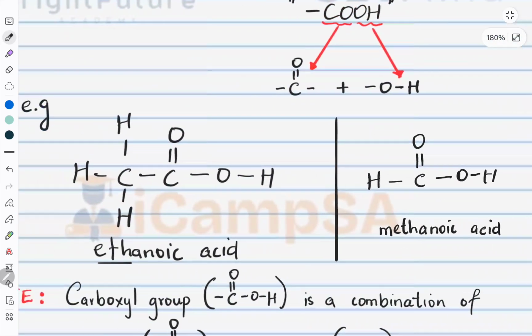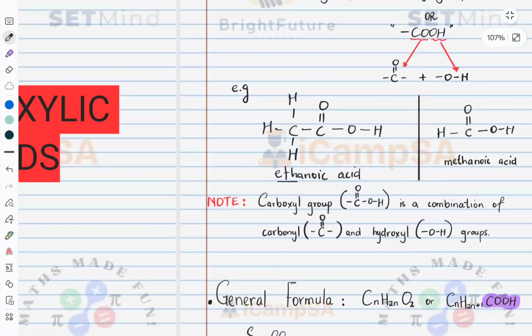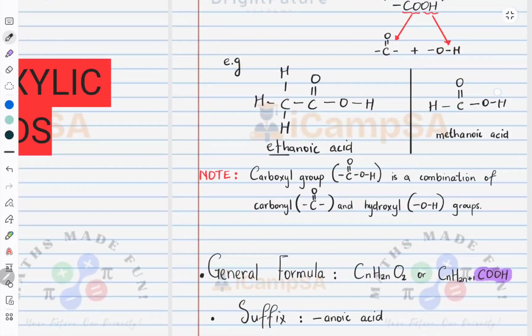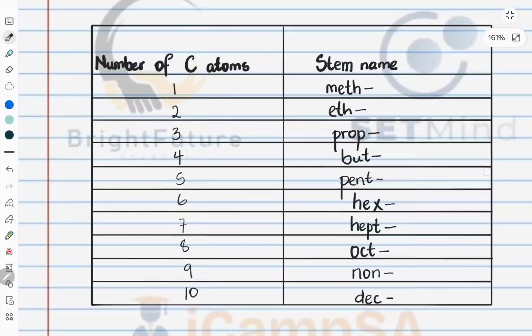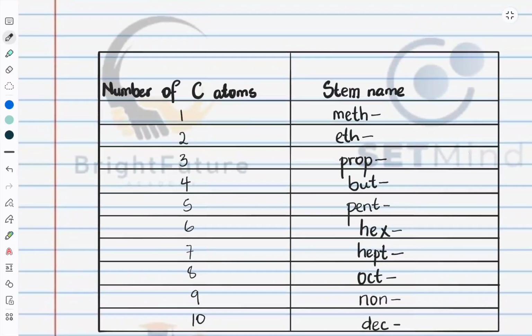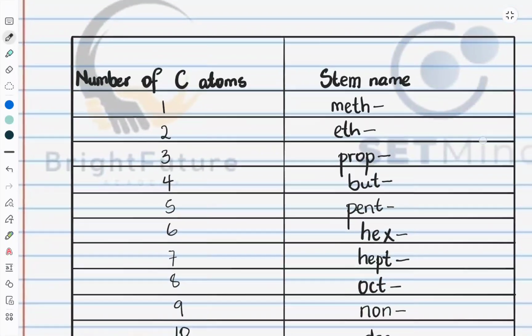So what we mean by that, let's bring our table just to emphasize that point. All right, so here's our table. Remember, the number of carbon atoms dictates the stem name. So the stem name in this case would be the name of the parent chain, right?